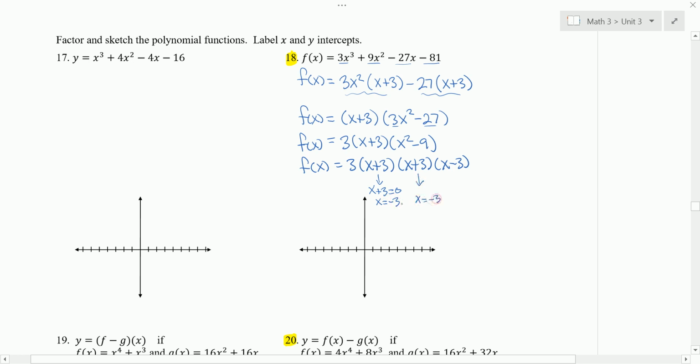So we have a double root here, or a multiplicity of 2. So at negative 3, we know it's going to bounce. And when x minus 3 is equal to 0, we get x equals positive 3. There's only one of those, an odd multiplicity, so it's going to pass through.